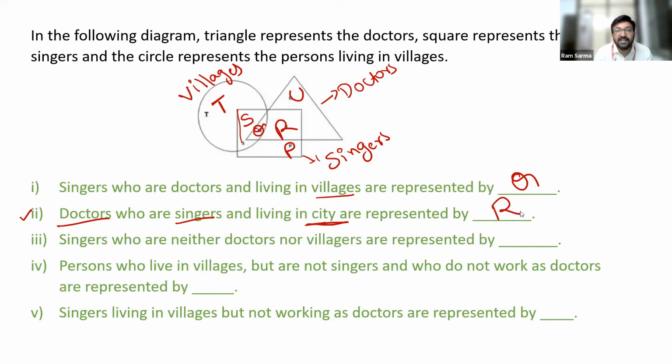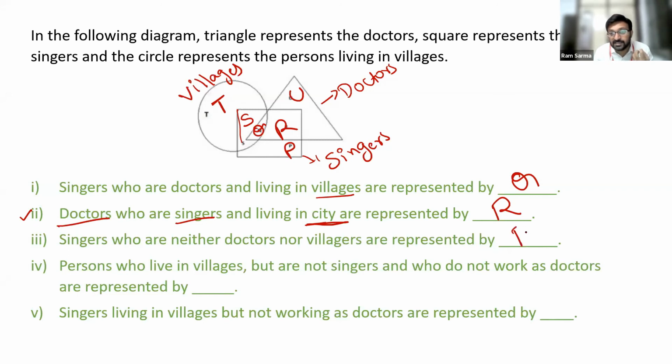Singers who are neither doctors nor villagers. Singers. So element should belong to the square, but doctors and villagers should not be included into that. So it's about only singers.